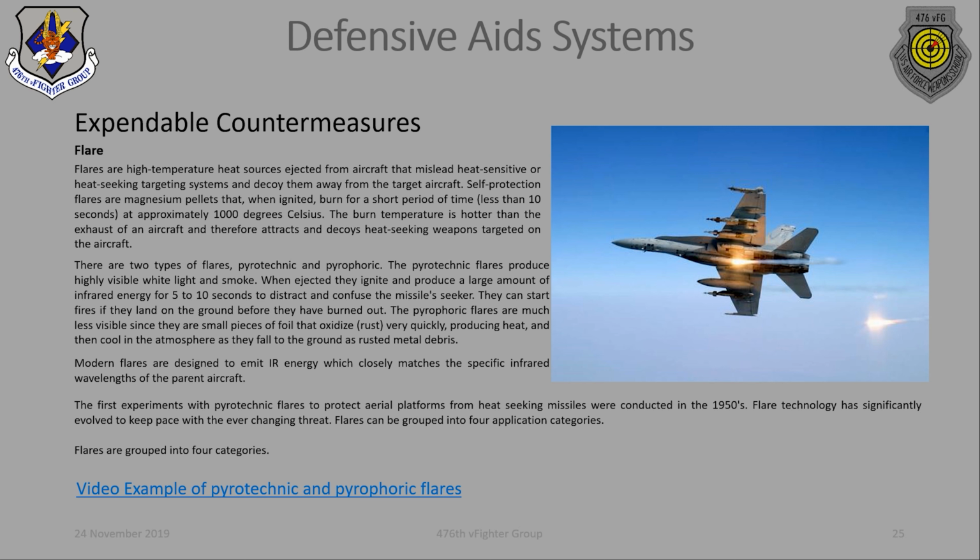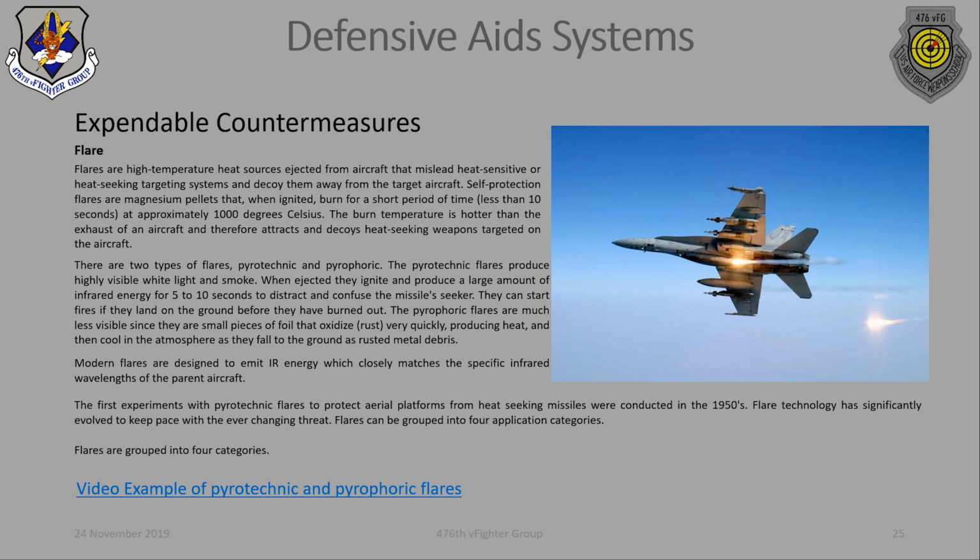But the most basic flares in the early days are just magnesium pellets that ignite and burn for a short period of time, really hot, over 1,000 degrees C, hopefully burning hotter than the target aircraft's exhaust gases. So less sophisticated IR missiles will think, oh, that's a hotter target, I'll go for that. As missiles got more effective and started filtering out things like that, countermeasures also got more effective.